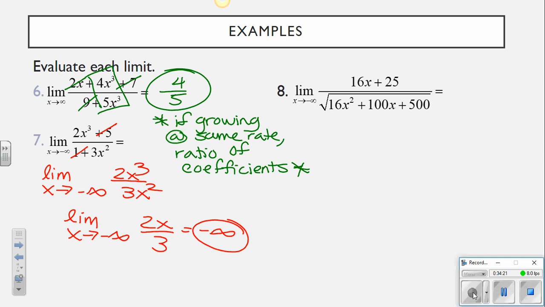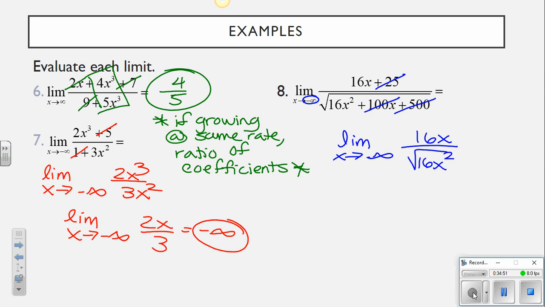Okay, last one for this example. Notice you have a square root this time, correct? But again, where are you going? Negative infinity, right? So I want you to think about this. 100x and 525 don't really matter as you're going to negative infinity. So now you're going to simplify this to be the limit as x approaches negative infinity of 16x over the square root of 16x squared.